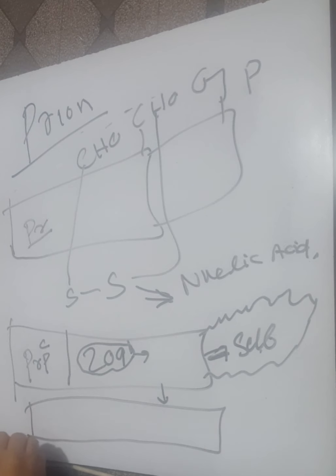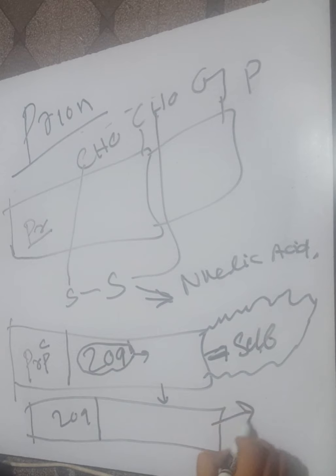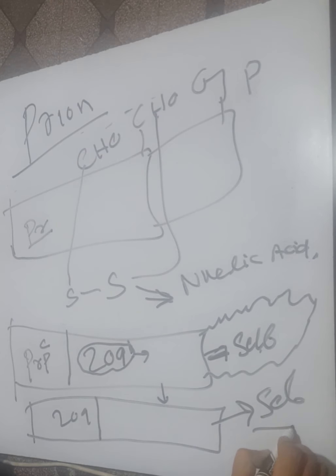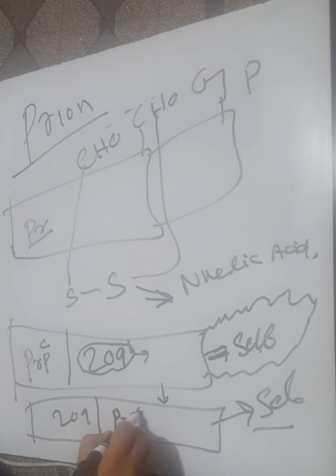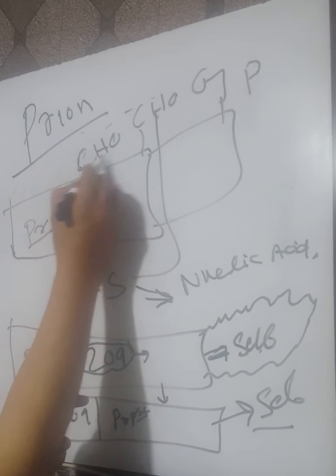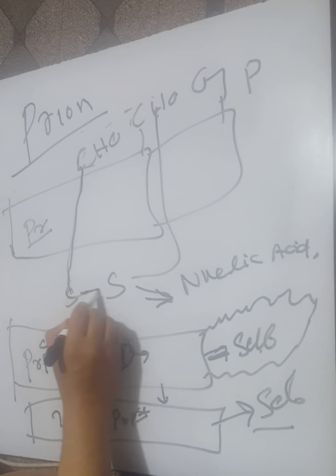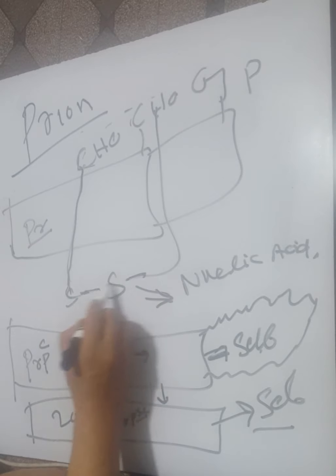So this is another structure, with 209 amino acids and self-propagating capacity, and they change into the PRPSC. The normal prion has the CHO bond and a disulfide bond between this.